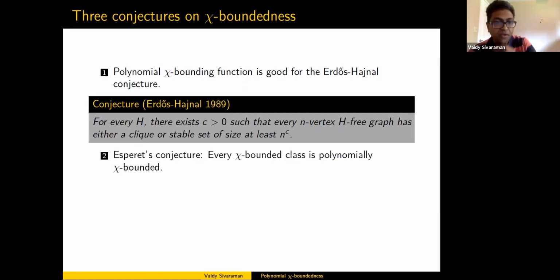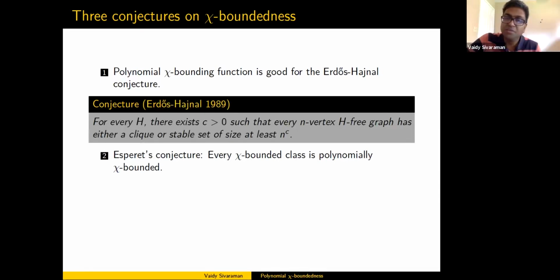So, okay, the main conjecture that is interesting from the talk's perspective today is that Esperet is kind of leaning towards saying that whenever a graph class is chi-bounded, you can actually find a polynomial that works. This is in some sense like the P versus NP problem.